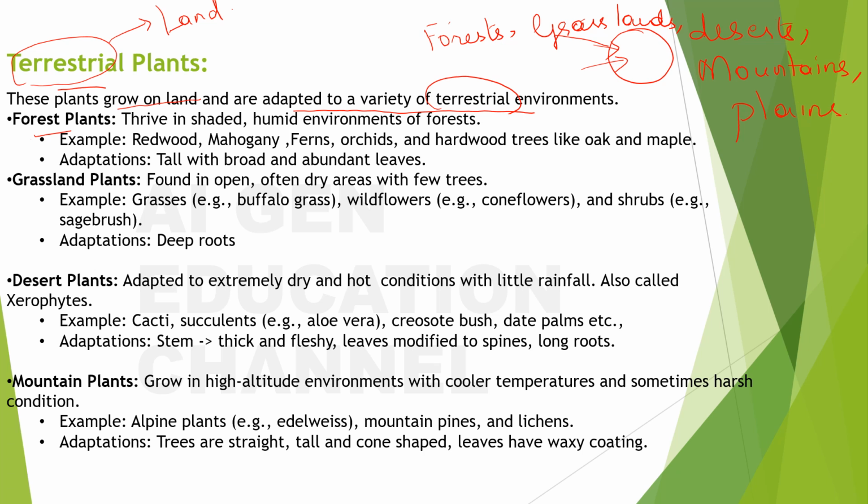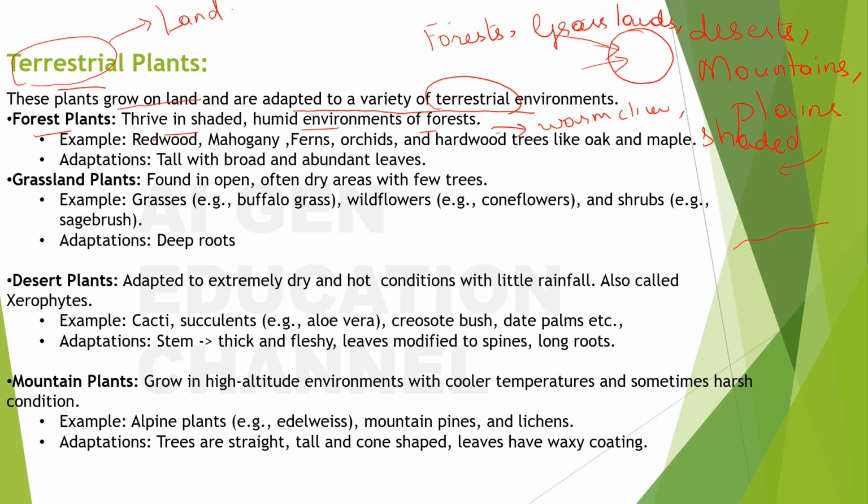Now see, forest plants thrive in shaded, humid environments of forests. So what are the typical characteristics of forests? Forests will have warm climates, and are often shaded. Shaded means there won't be plenty of sunlight reaching the trees.